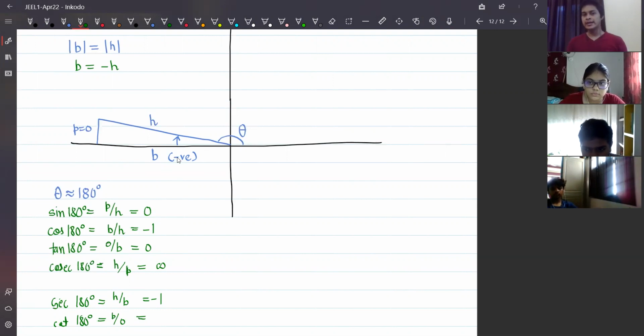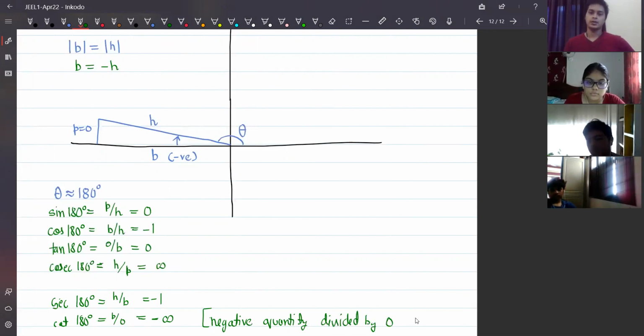So when you divide a negative quantity by 0, it becomes minus infinity, not plus infinity.